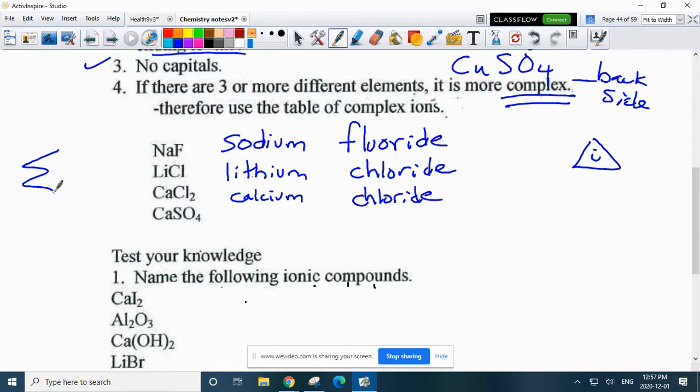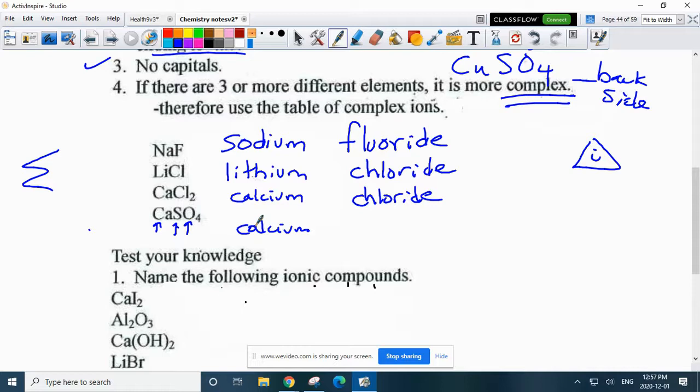Oh, look at this one. There is a capital and a capital and a capital, three capitals, which means the back end of that is a molecular ion. So Ca is calcium. And go to your little periodic table that's on top of your periodic table.